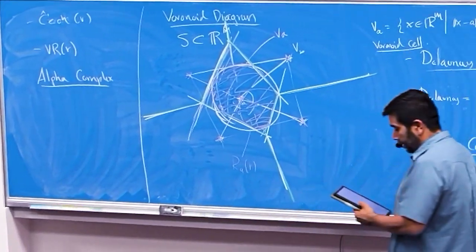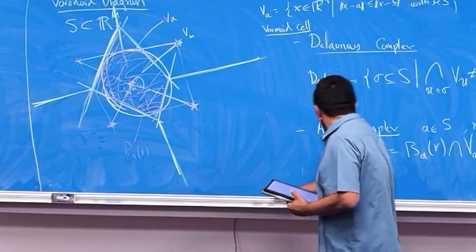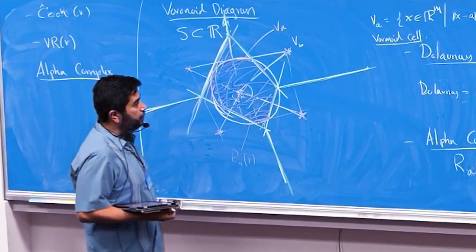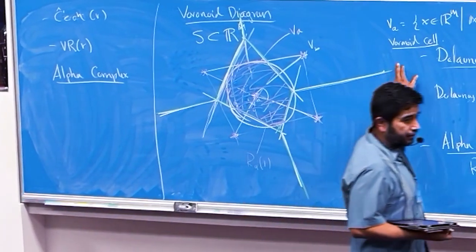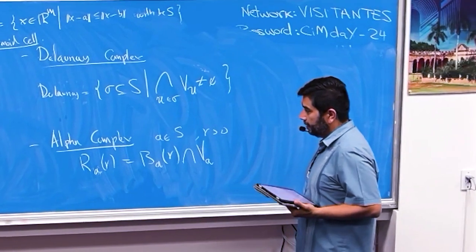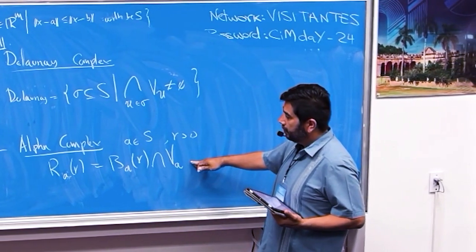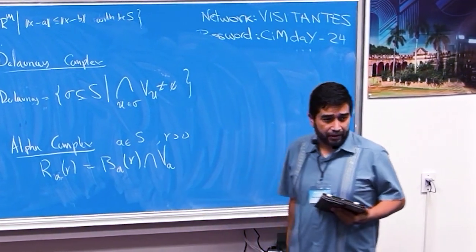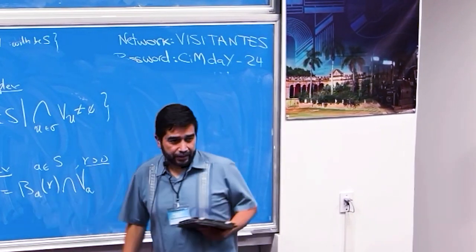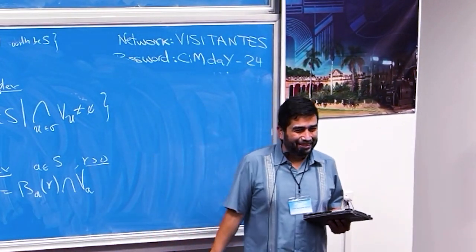And in the alpha complex, the Delaunay will be the nerve of the Voronoi cells. This is an intersection with balls of radius R, where the radius is just a parameter.